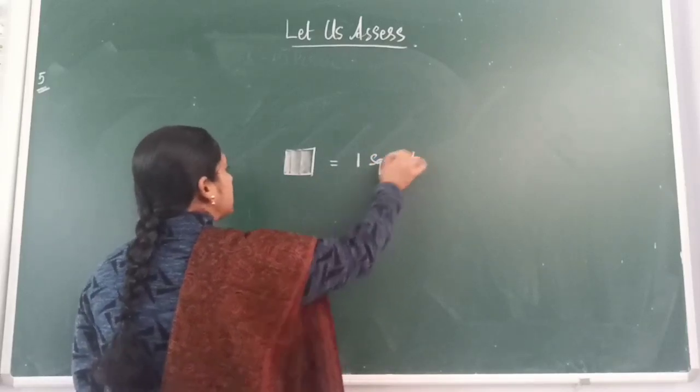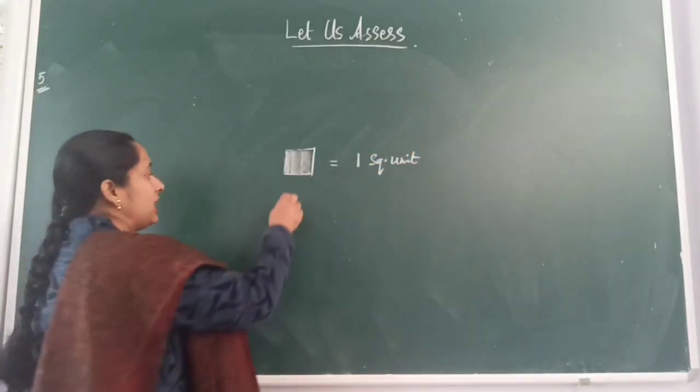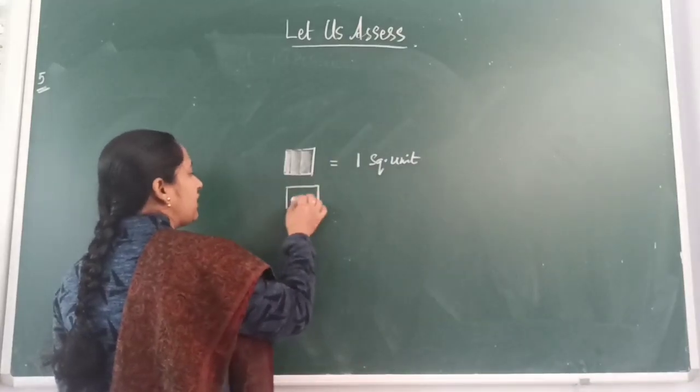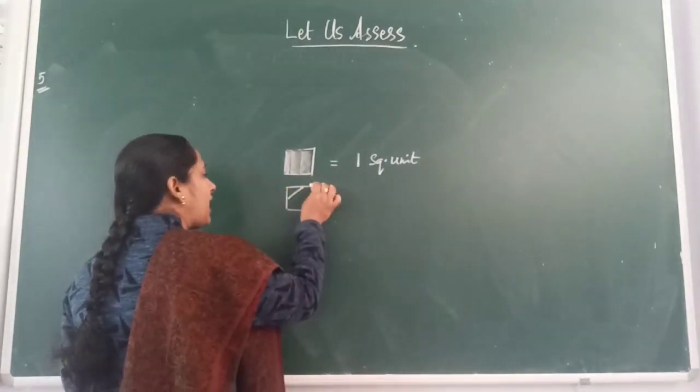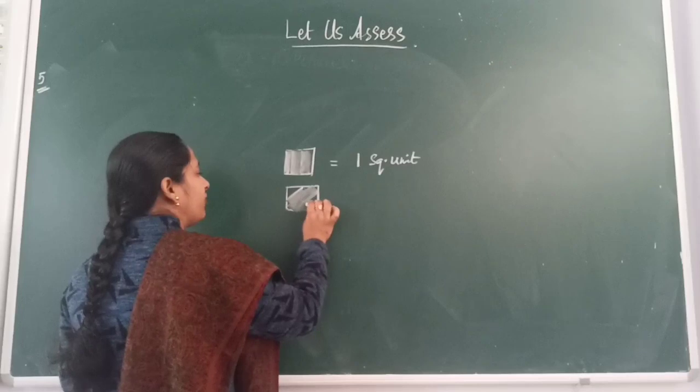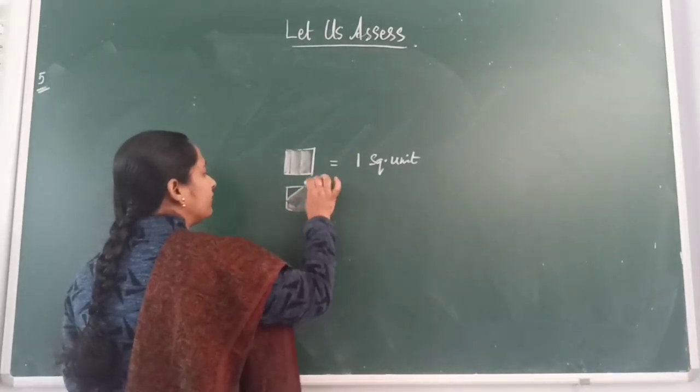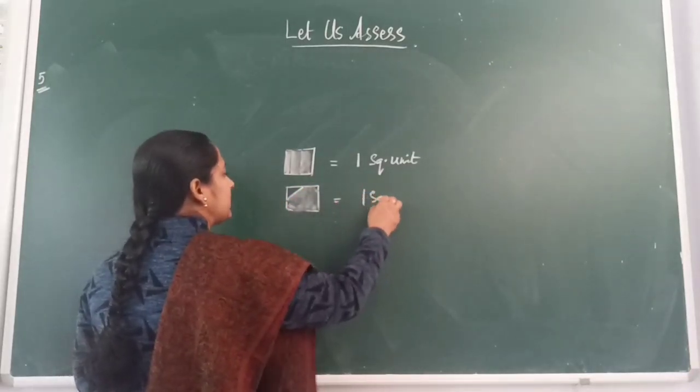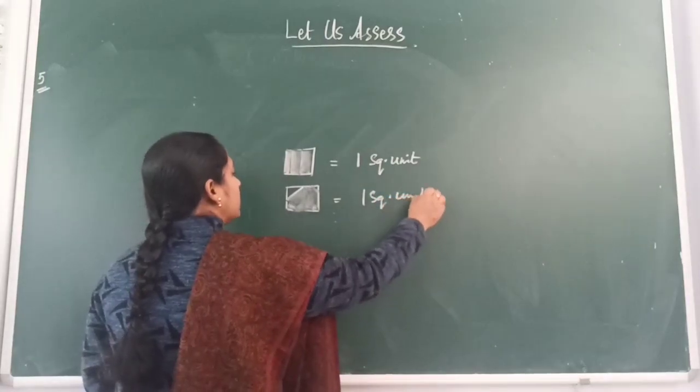We have to consider its area as 1 square unit. If a grid is filled more than half, then also you will consider it as 1 square unit.